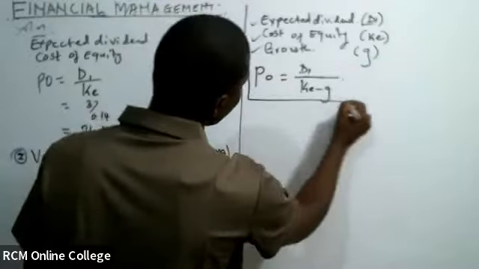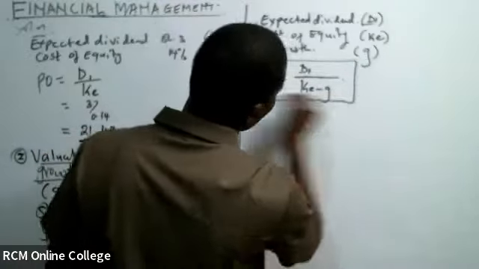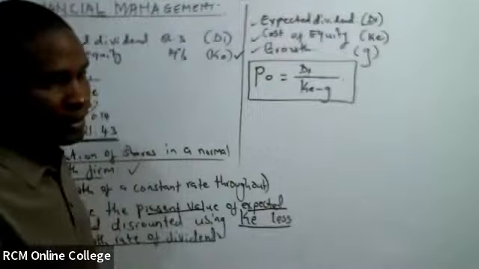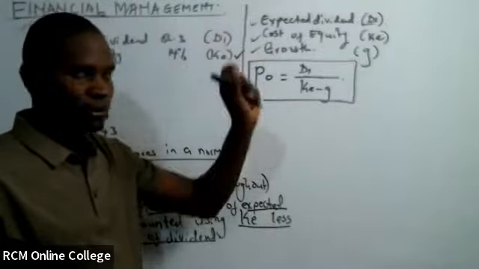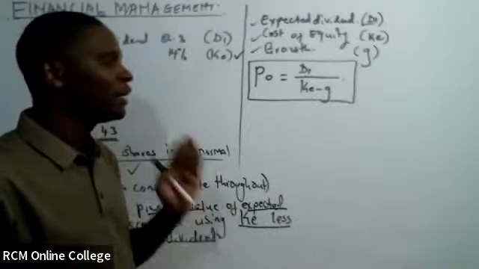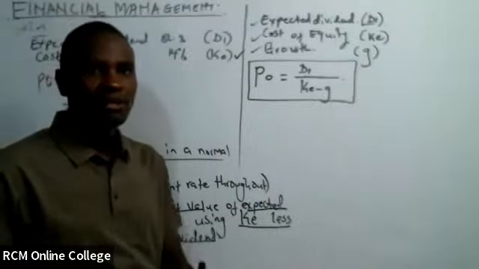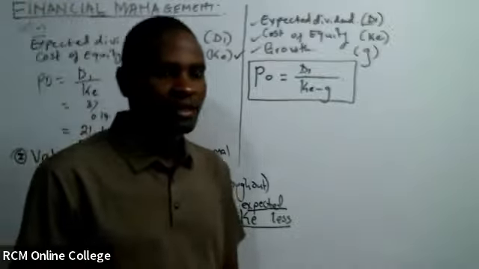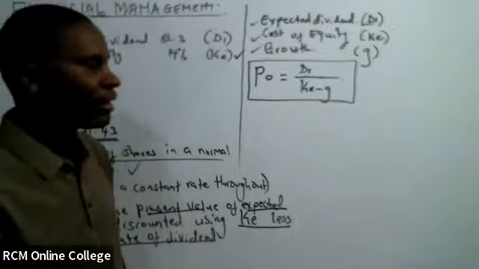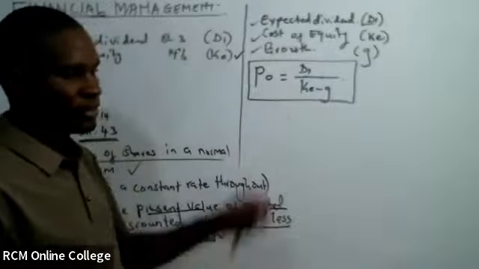So the item that we have introduced at a normal growth form, which item is it? G, the growth rate, reducing our cost of capital in order to get the market value or intrinsic value under this normal growth form. So please have this.